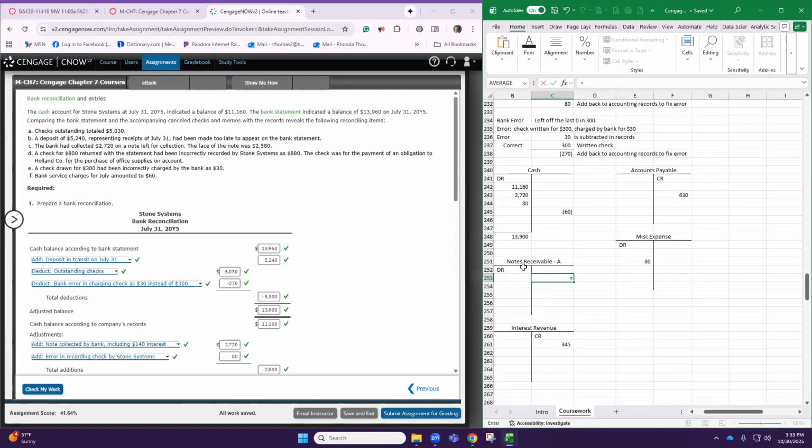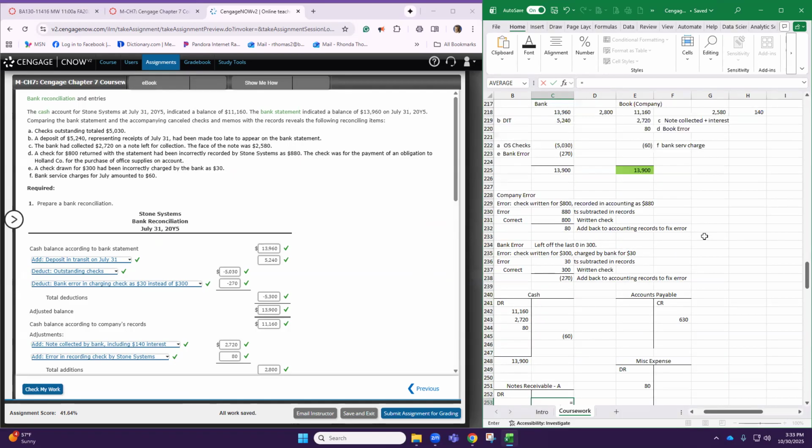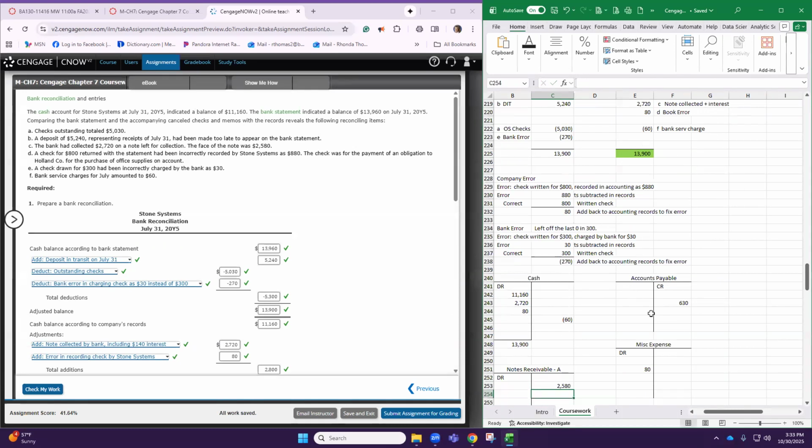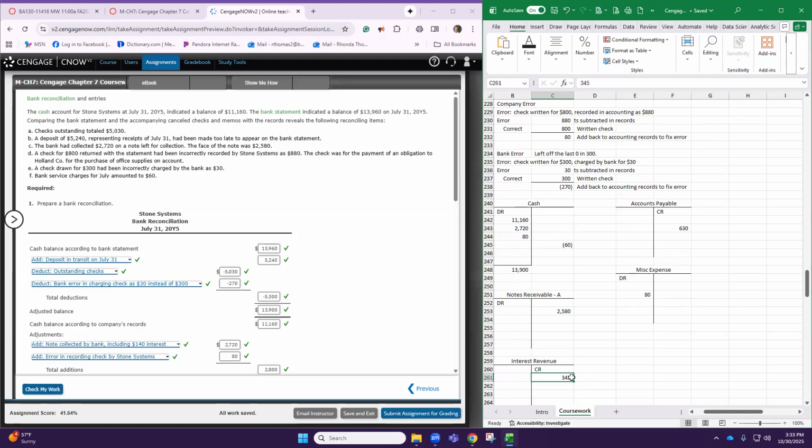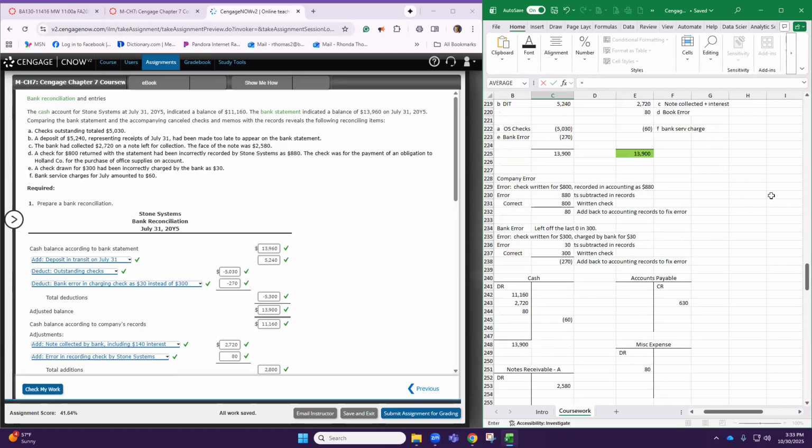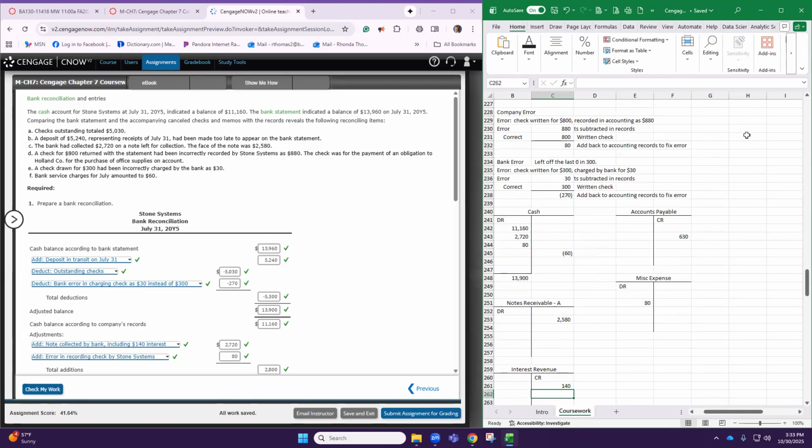We don't know what notes receivable has in it, but we just know notes receivable is going down by the amount that we calculated. So that is the $25.80. And then we're going to record the $140 as interest revenue. Yep, I know that's tough. That is tough.